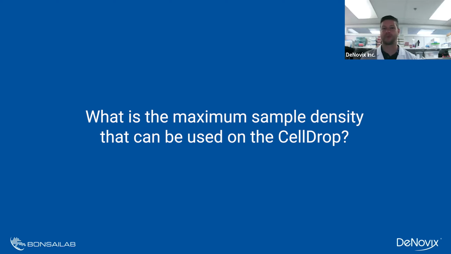That's because it's only imaging one focal plane, and that is about as dense as we found you could have the cells on the CellDrop before they start laying on top of each other, which would give you an inaccurate count since we're only doing one focal plane. And on the other end, it's 700 cells per mil. So 700 cells per mil to 25 million cells per mil is the full range.